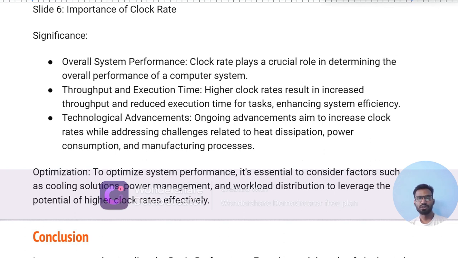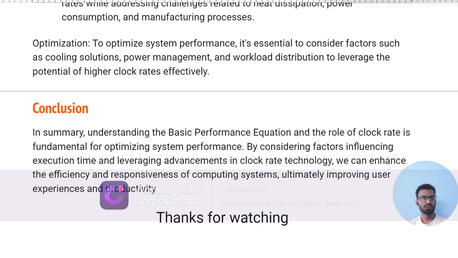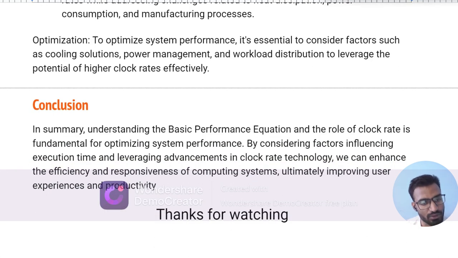Overall, clock rate plays a crucial role in determining the overall performance of a computer system. In summary, the basic performance equation and the role of clock rate are fundamental for optimizing system performance. By considering factors influencing execution time and leveraging advancement in clock rate technology, we can enhance the efficiency and responsiveness of computing systems, ultimately improving user experience and productivity.